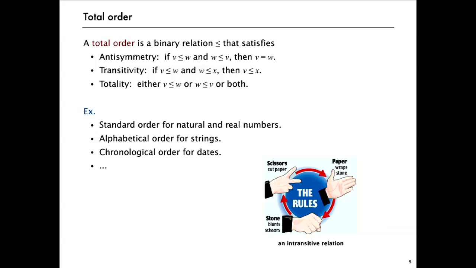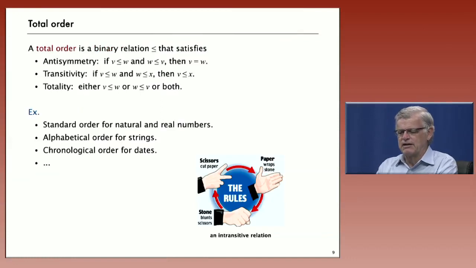First one says that if v is less than or equal to w and w is less than or equal to v, then the only way for that to be true is if they're equal. And then there's transitivity. If v is less than w, w is less than x, then v must be less than or equal to x. And totality is that either v is less than or equal to w, or w is less than or equal to v, or both, they're equal.